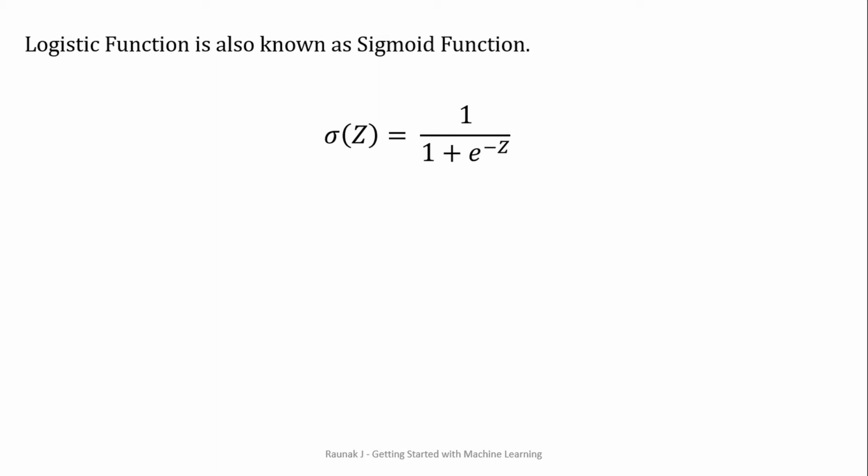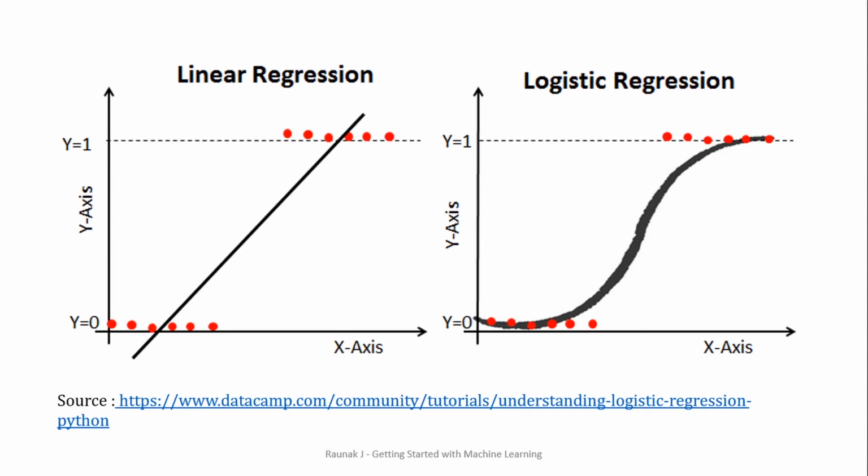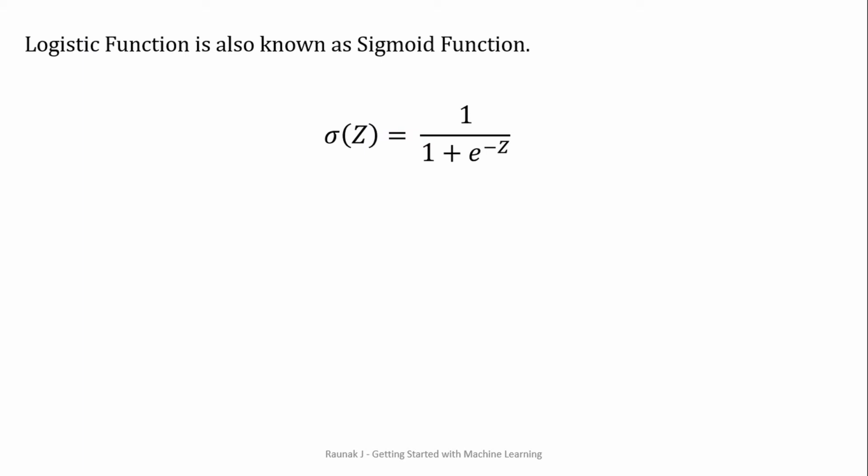Sigma indicates the sigmoid. So sigma of z, where z is basically the function of the linear regression, because the linear regression equation itself is modified into that curve, 1 by 1 plus exponential raised to minus z. That is the formula of the sigmoid.